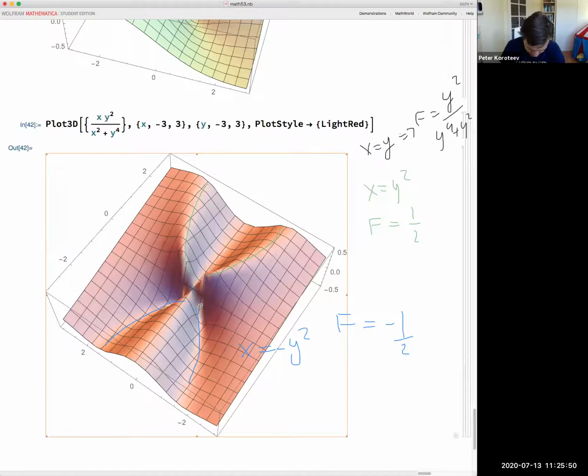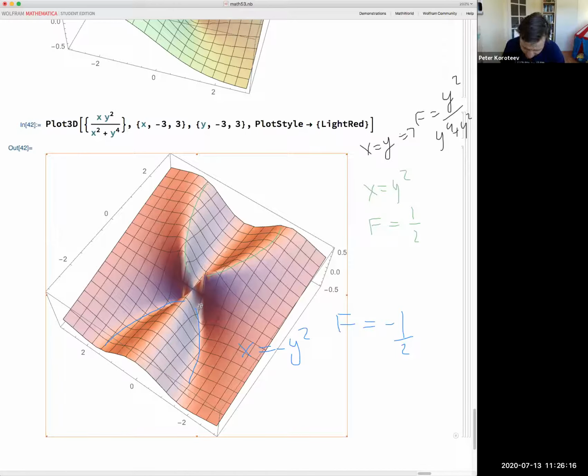It's some function that goes to infinity when y goes to, what's wrong? Let's see. Oh, it goes to 0. Excuse me, never mind. So I don't think it actually gives you anything.